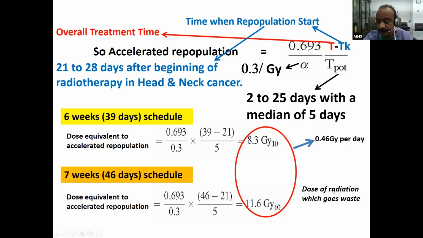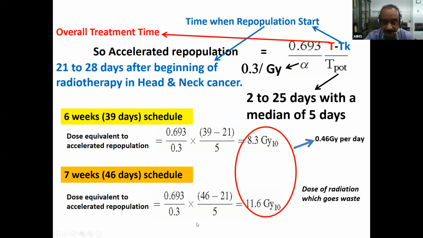And remember, this is the dose of radiation which goes waste, because if there is no accelerated repopulation, all the dose which you deliver on a single day will be utilized to kill the existing cancer cells. But new cells are being added because of this accelerated repopulation. So 0.46 gray out of the 2 gray which you deliver per day is utilized to counter the new cells which are being produced as a result of this accelerated repopulation.